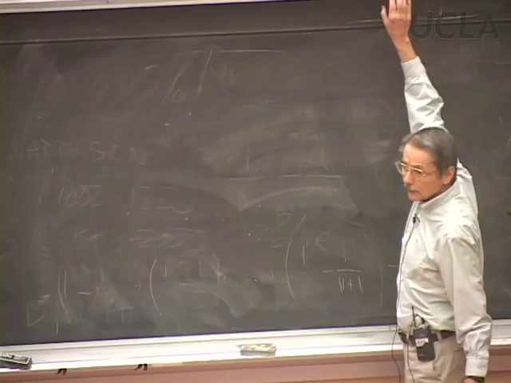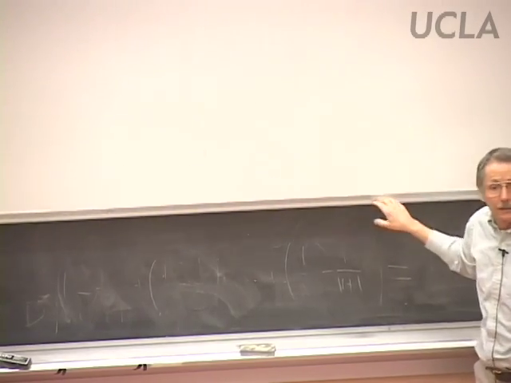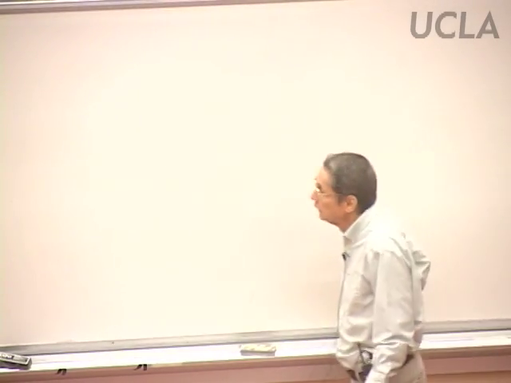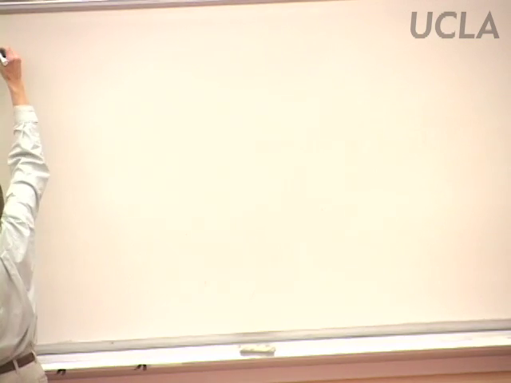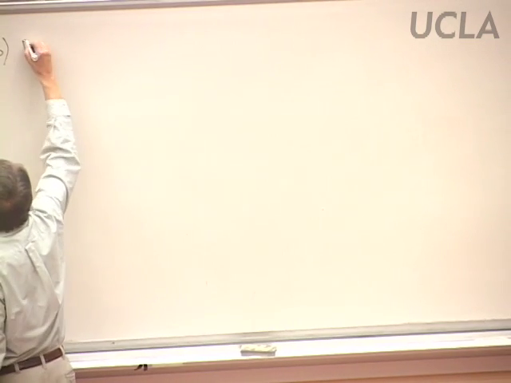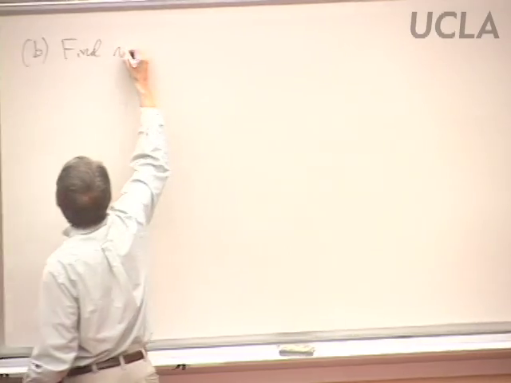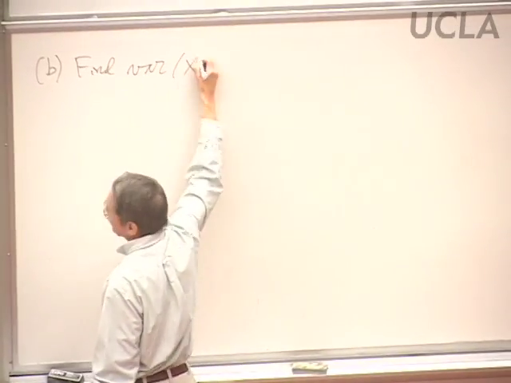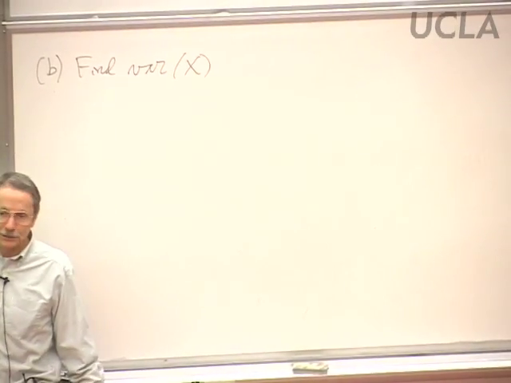But we want the variance also and the standard deviation. Well, for the mean, I said, of course. For the variance, I don't think it's obvious from the picture what the variance is going to be.